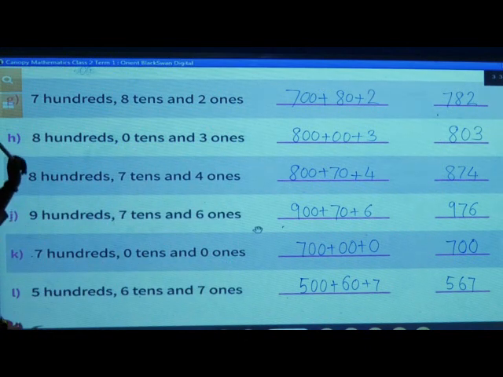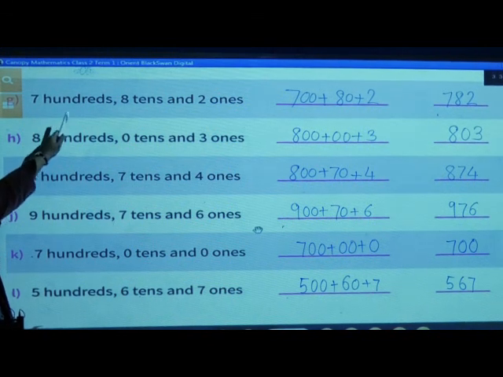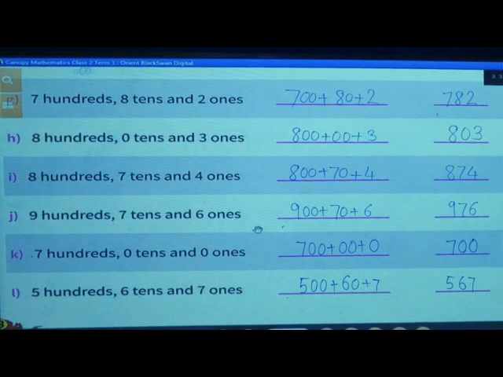Now see, 7 hundreds, 8 tens and 2 ones. Come on, say 700 plus 80 plus 2, that is 782. Then next 800, 0 tens and 3 ones.